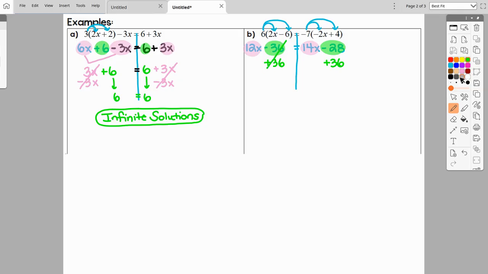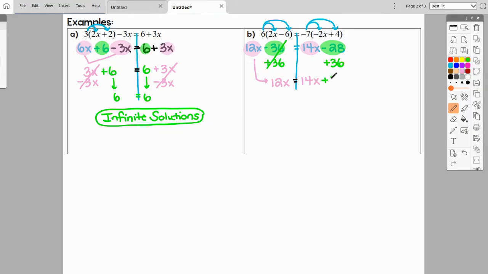Cancels out on the left side, and I get to have the 12x still there left. I'll bring it down. And then on the right side here, I'll bring down the 14x that I still have. And then I'll combine what negative 28 plus 36 is, which is going to be 8.